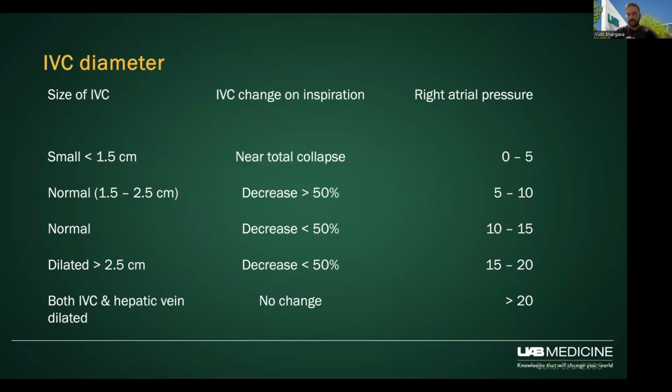And in those adult patients, what they found was that the size of the IVC and the change in inspiration correlated to a right atrial pressure between 0 to greater than 20 when monitored with a central venous line. And so this data has been extrapolated into both adult and pediatric settings.